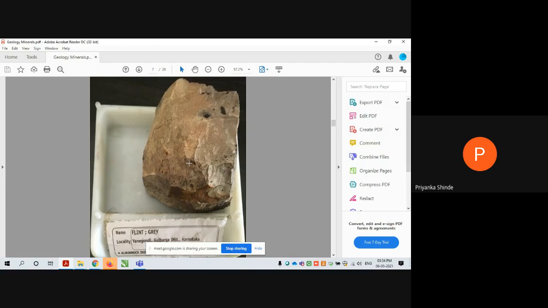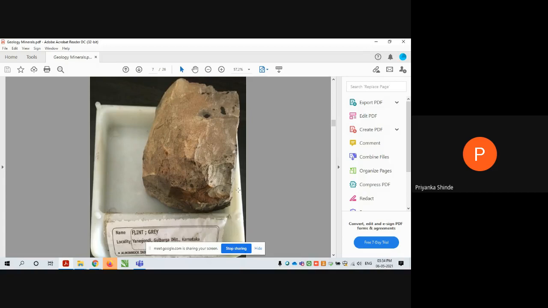The hardest one is diamond, and the softest is talc. So here quartz is there in the hardness box, right? That is on number 7. So you have to write the hardness as 7. For all the quartz, the hardness is 7 except opal.